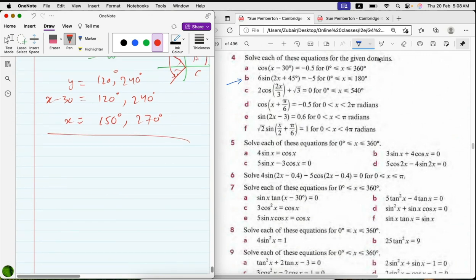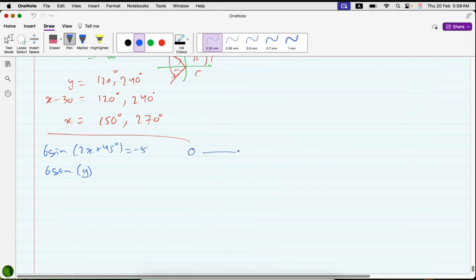See, first it was given for x, and we have 2x in the domain. 2x plus 45. So 6 sine of 2x plus 45 degrees. If I say this is y, 6 sine y, this was equal to minus 5, and the domain is from 0 to 180. 0 to 180, but that was for x. So we change it for 2x first. This is 0, 2x, and 360.